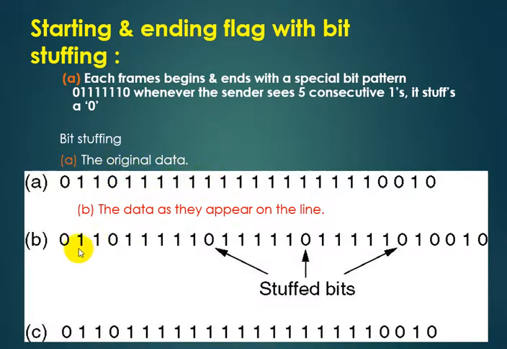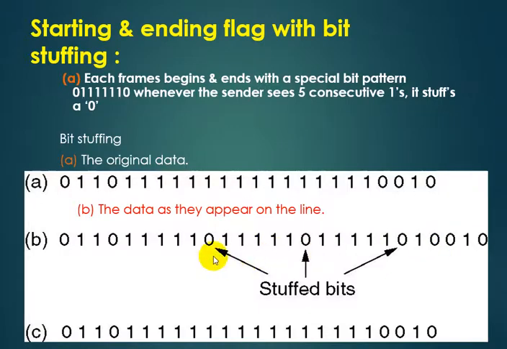So the data starts 0, 1, 1, 0. Here a 0 is already there. Then again take five consecutive ones, so we have to stuff a 0. Again take five consecutive ones, stuff a 0. Again take five consecutive ones, stuff a 0. Then 1, 0, 0, 1, 0 are the remaining bits.